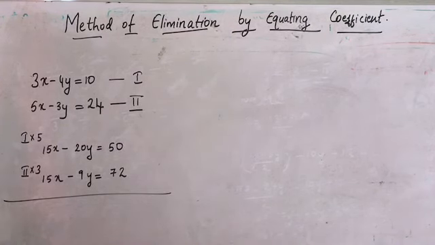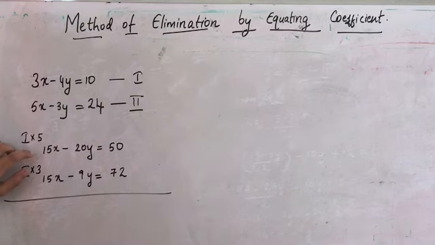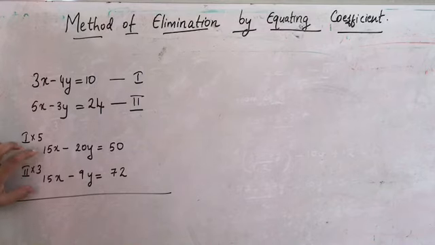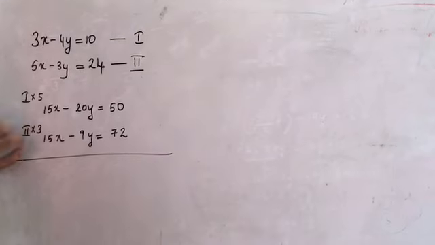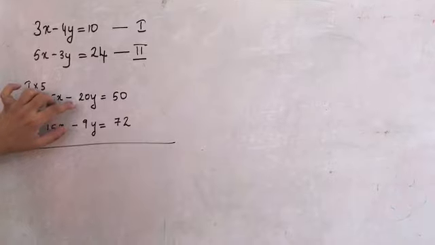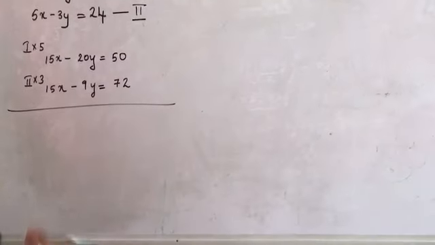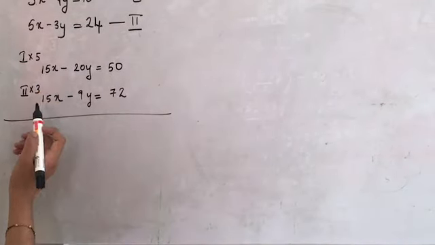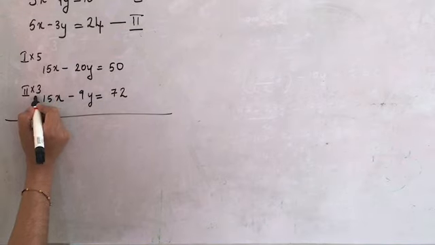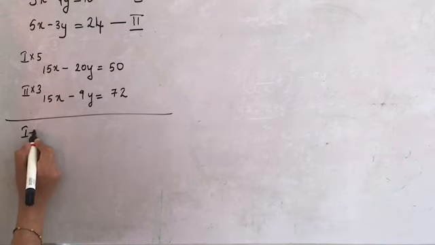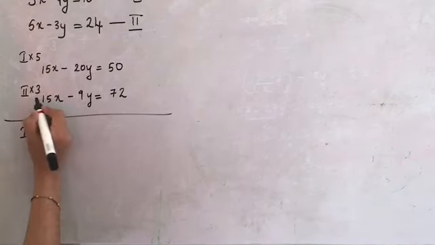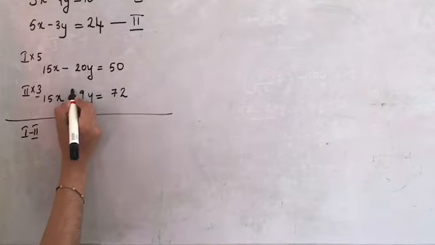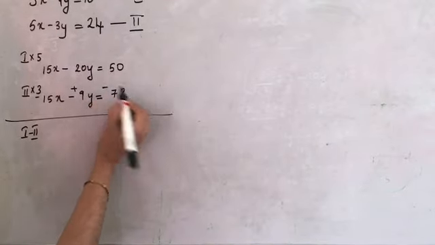In this method, we try to equate the coefficient, then either add or subtract the equations so that one of the variables gets eliminated and the other remains, and we get the value of that. So let us see, you have 15x and plus 15x here. So you need to subtract, equation 1 minus 2. So what do you get? This minus becomes plus and this becomes minus.